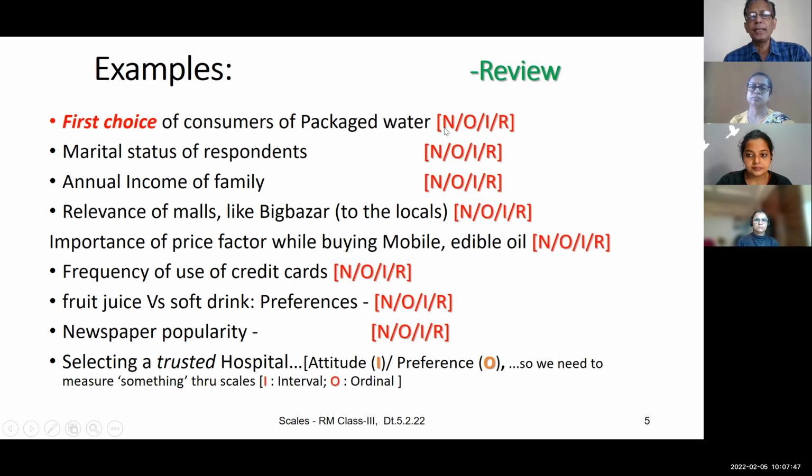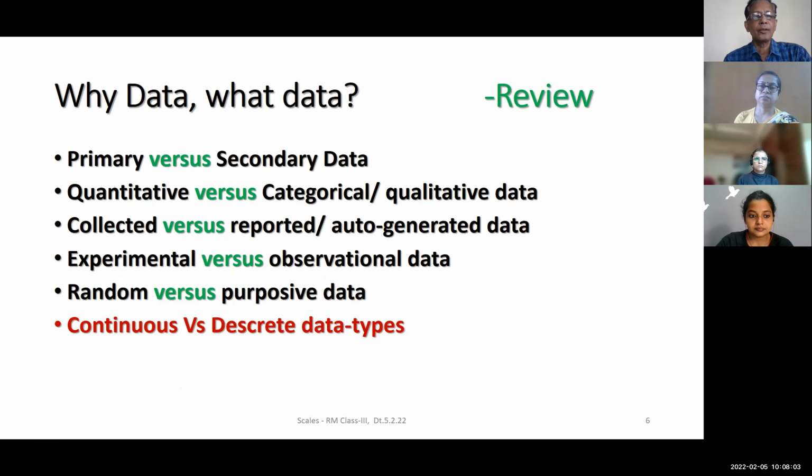And in the last class, we had a brief discussion on types of data. We had primary versus secondary data. We had also classified quantitative versus categorical data.